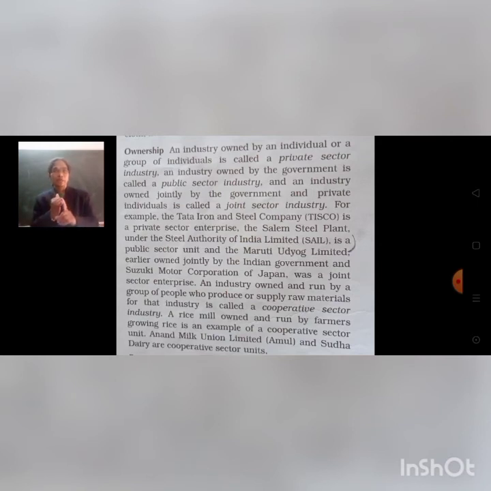The industries owned by private persons are called private sector industries, and the name itself makes it clear. The industries owned by the government are called public sector industries.